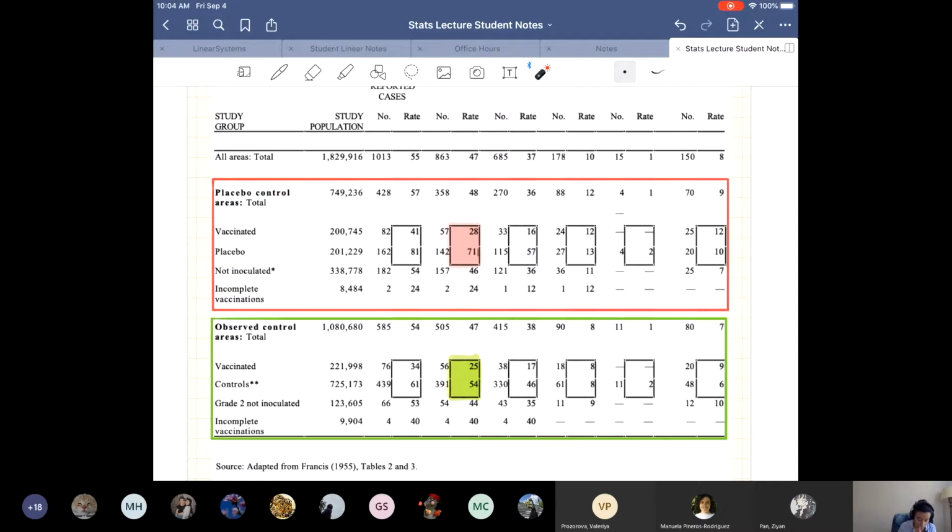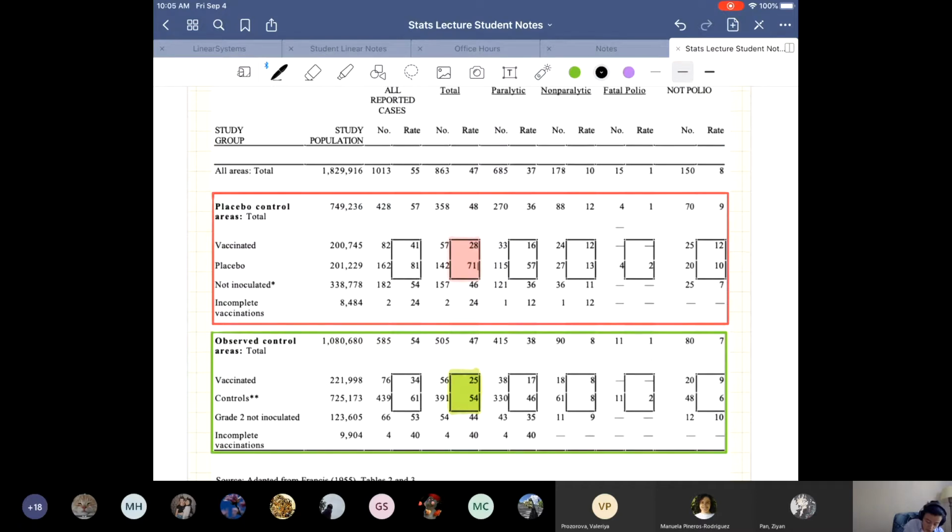What we really want to compare is the rates, okay? And these rates are expressed in terms of cases per 100,000 people. Okay, so cases per 100,000.